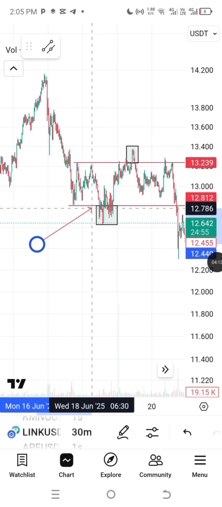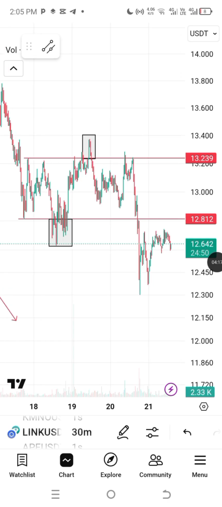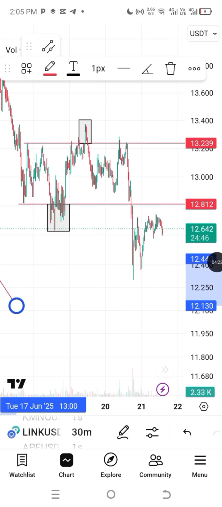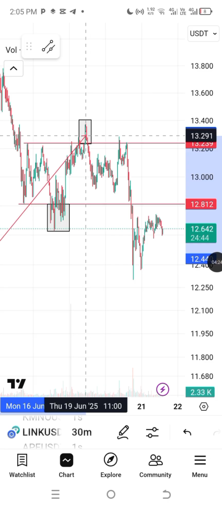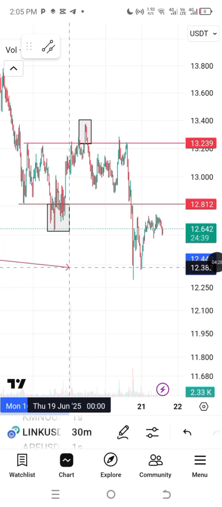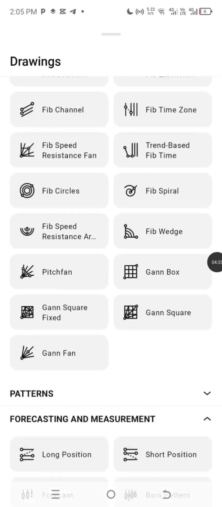So we're looking for sales. So what do we do? We wait for price to come back again to this zone, right here. Immediately price came here, you see the way price fell off immediately.